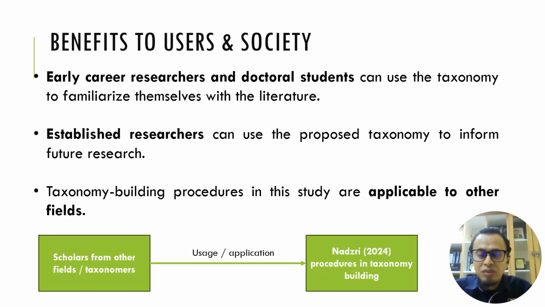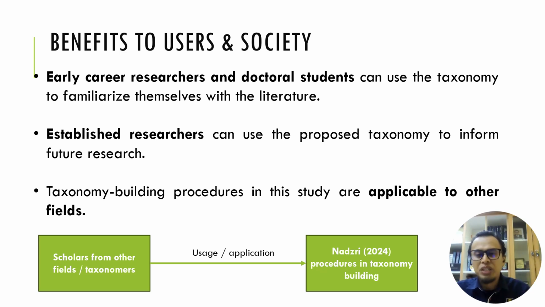Benefits to users and society. Number 1, early career researchers and doctoral students can use this taxonomy as well as the taxonomy process to familiarize themselves with the literature. Number 2, established researchers can use the proposed taxonomy to inform future research.